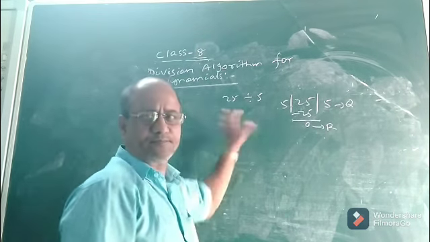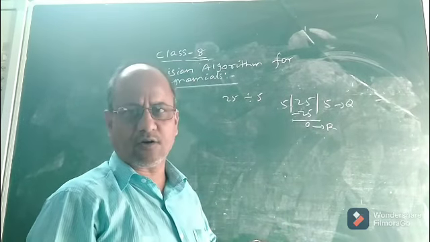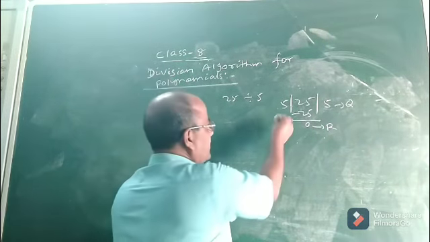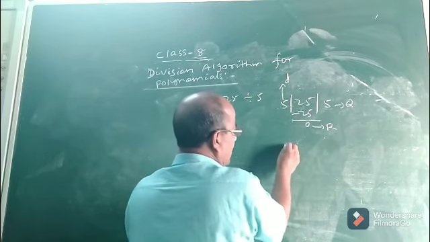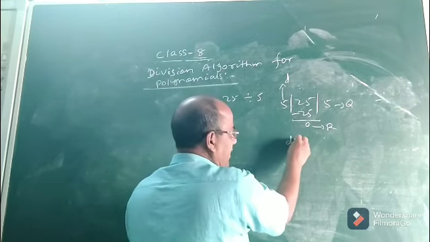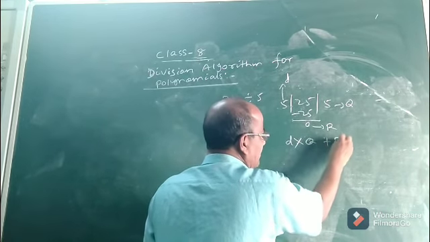Now see children, how do we verify whether our division is correct or not? This is the divisor, this is the quotient, this is the remainder. What is the formula to verify? We multiply the divisor and the quotient, then we add the remainder.